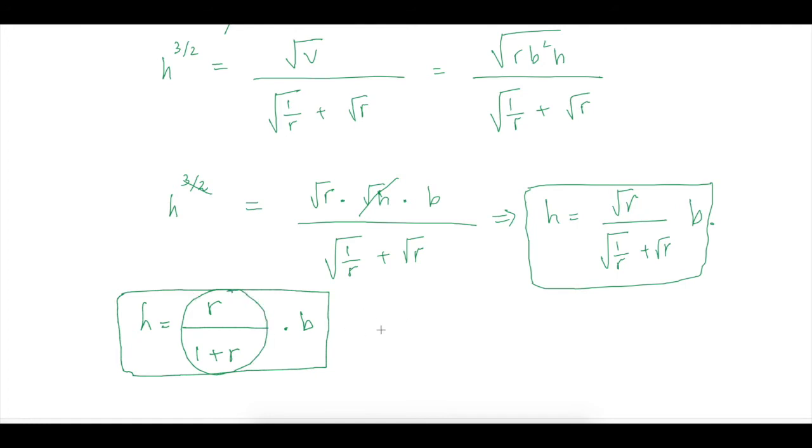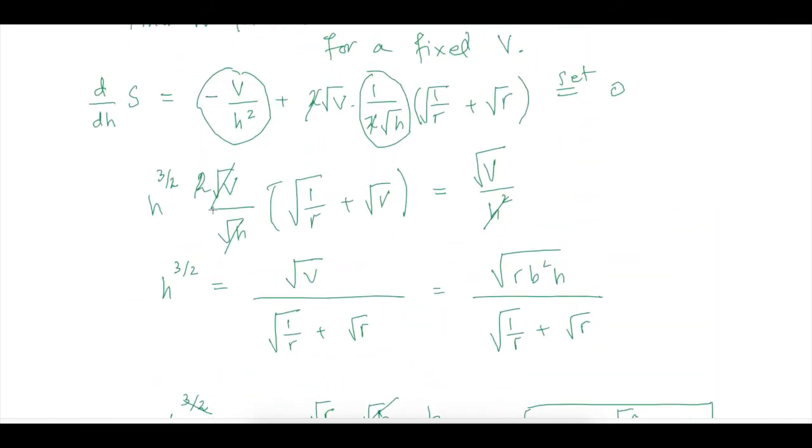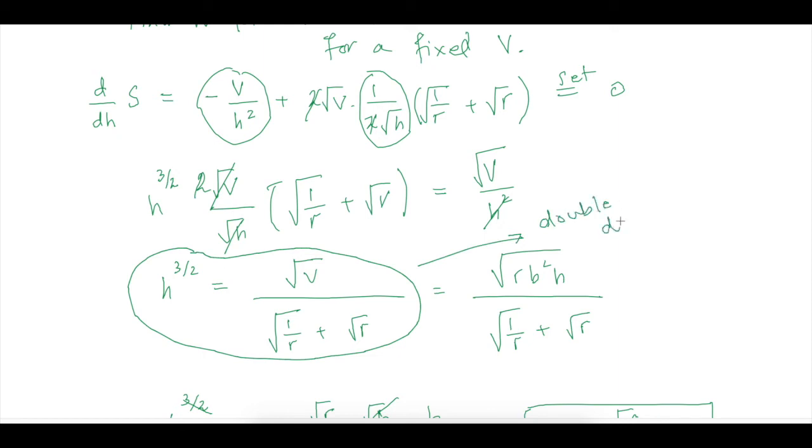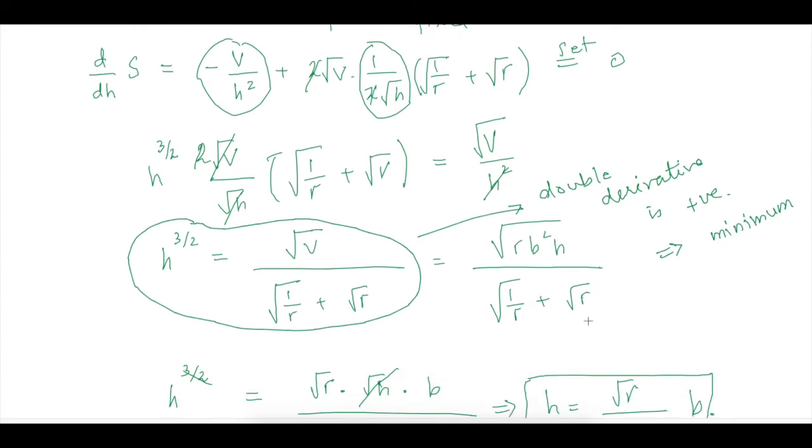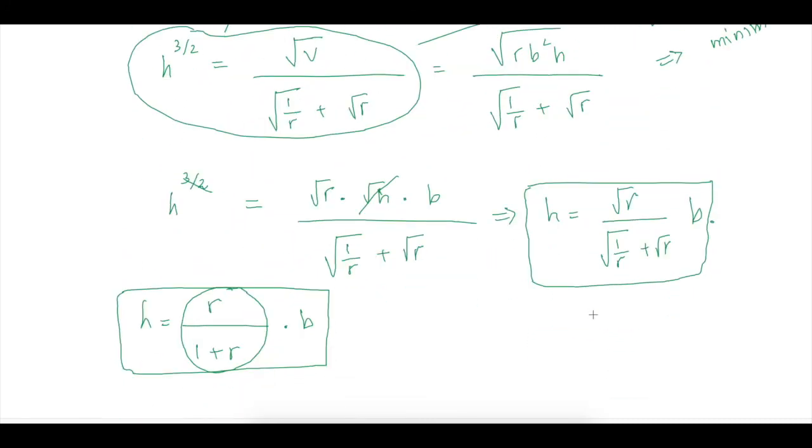By the way, before we go there, you can easily check that this is actually a minimum point, because you should take the double derivative, and if the double derivative is positive, this means that it's a minimum.